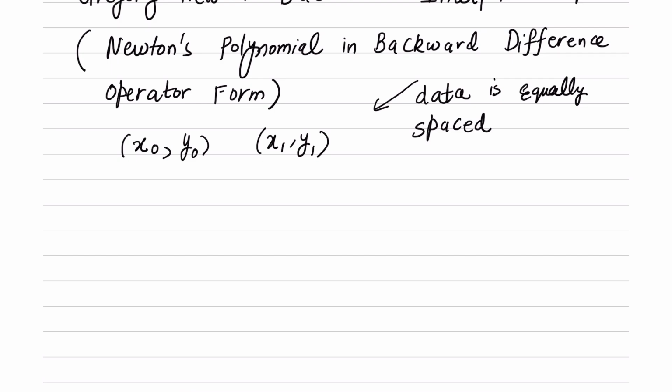You know that your data is equally spaced, and the next thing you have to do is whatever is your last x, here it is x1, you call it xn. And the value behind x1, which is x0, you call xn minus 1. So the corresponding y values: y1 will be yn and y0 will be yn minus 1.